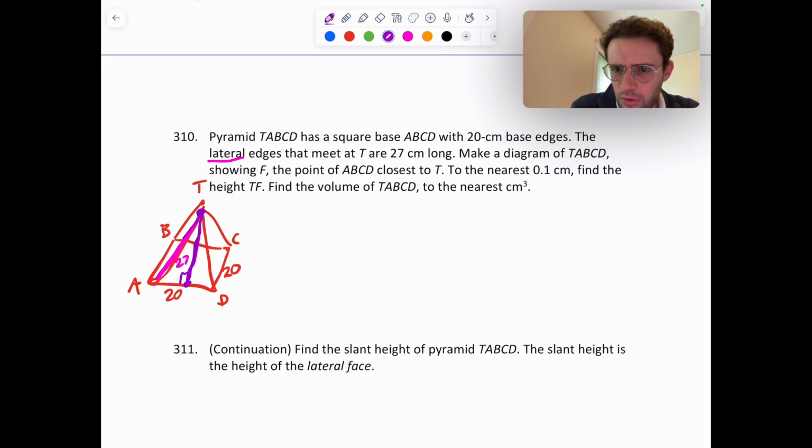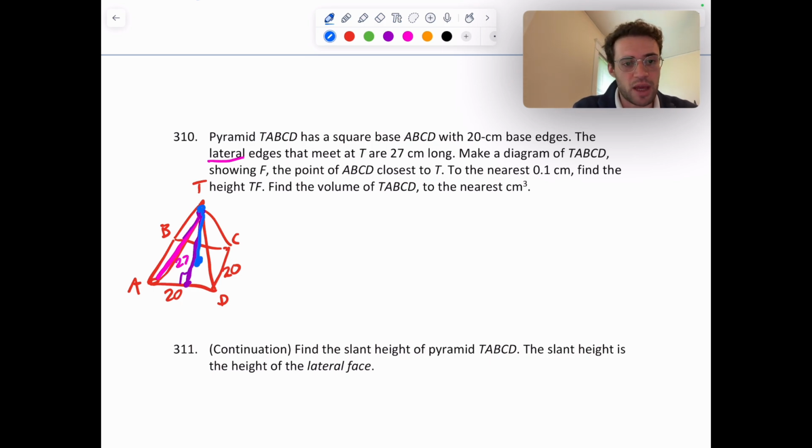But let's see what they're asking for first. It said make a diagram of TABCD showing F, where F is the point closest to T on ABCD. So that means if you're going straight down, right, the closest way to get from a point to a plane is to go directly down, right, at 90 degrees. So that's actually talking about the altitude. And I know I didn't draw that perfectly, it should be in the middle of the square, right?